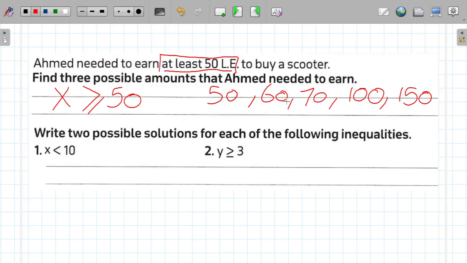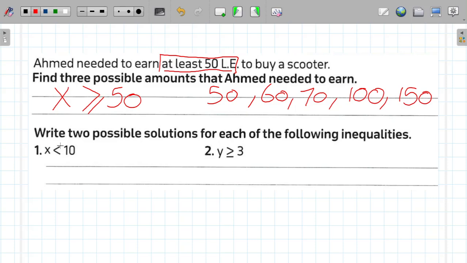So I can have many solutions or many amounts for the inequality x more than or equal 50. Okay, so Ahmed can earn 50 pounds, 60 pounds, 70 pounds, 100 pounds, 200 pounds, 150 pounds in a day.